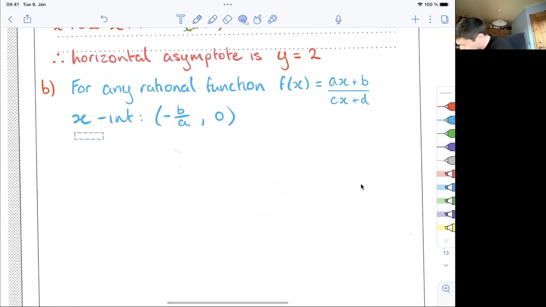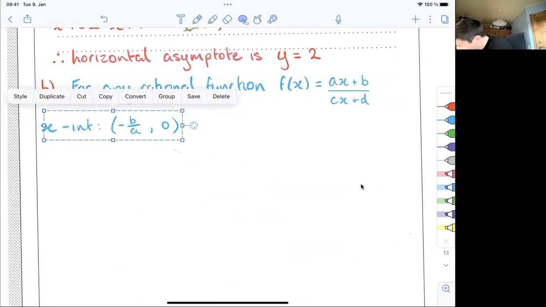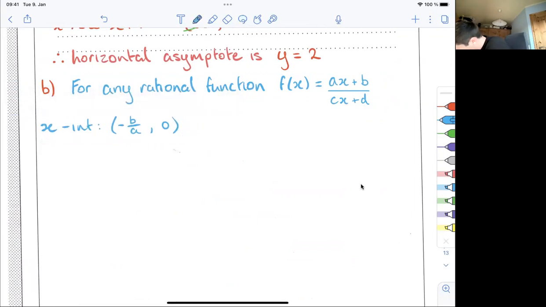And the y-intercept is going to be when x is equal to 0, and then b over d. Okay, and there you have it.